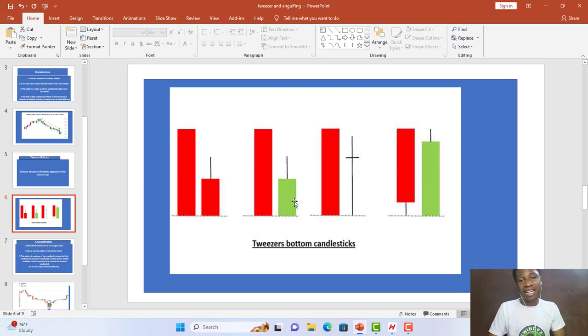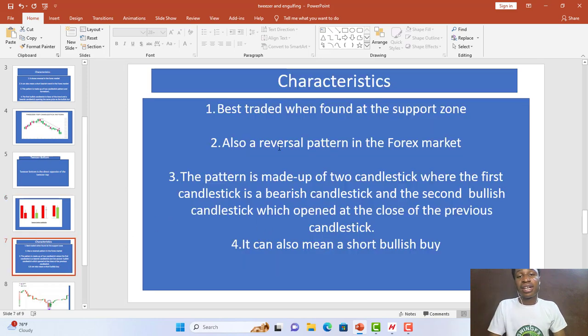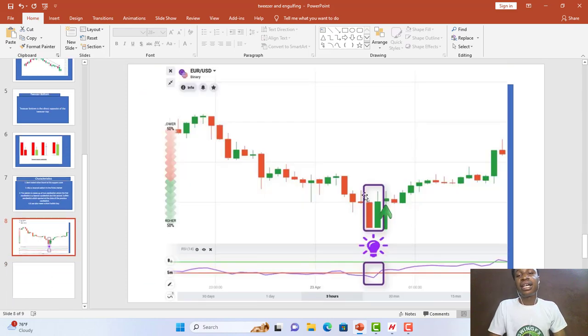Even if it's not strongly bullish, the opening must be at the same price that the previous candlestick closed, then closing above. Either you trade it in a support zone, an exhaustion of a downtrend, or you wait for the market in an uptrend to make a deep retracement, giving you a bullish candlestick confirmation. Then you can go for a buy. You can see the characteristics which we listed, and this is a good example of this.